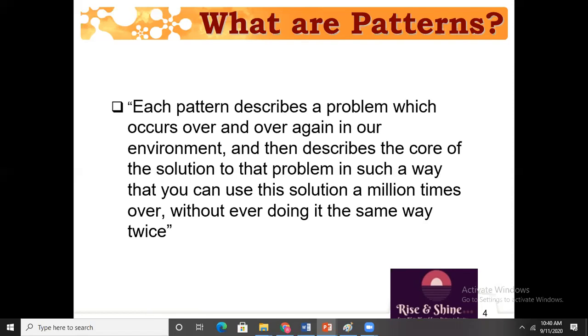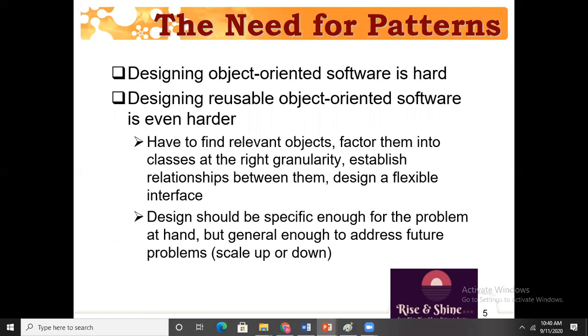So such a pair of things, problem, possible solution, and context in which that solution and problem will work successfully, is called a pattern. So I think my student, you get the idea clear. Pattern means nothing but problem, solution, and the context.